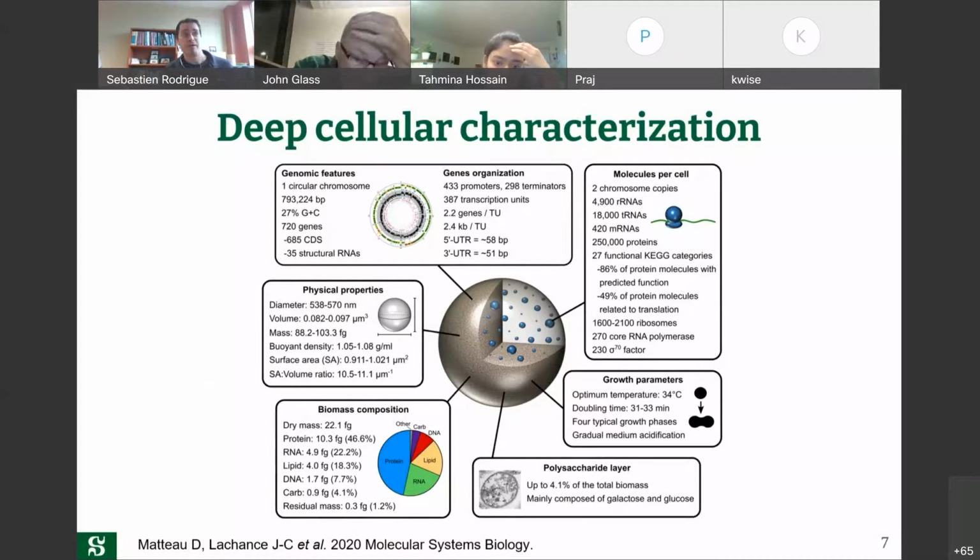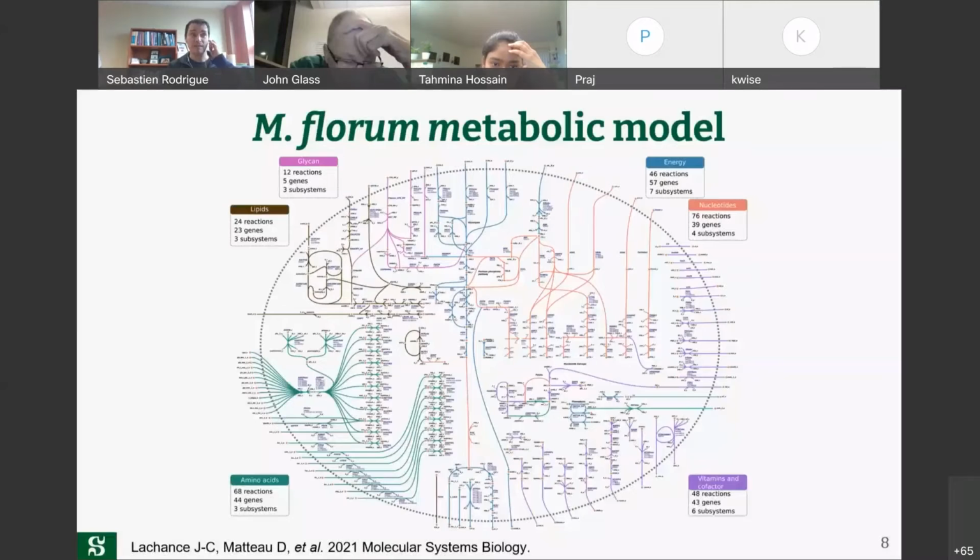So we now have a good idea of the diameter, the volume, the mass of the cell, and the biomass composition. We also looked at growth parameters, and then we estimated the number of molecules per cell for all proteins and RNAs. That was published last year.